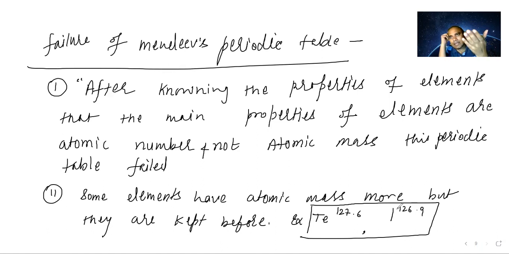He said the elements are arranged in increasing order of atomic mass, but here it becomes decreasing order. So some elements have more atomic mass but are kept before. Is it okay?